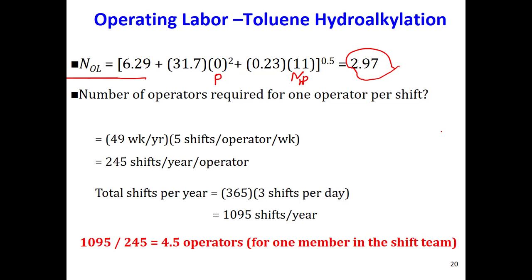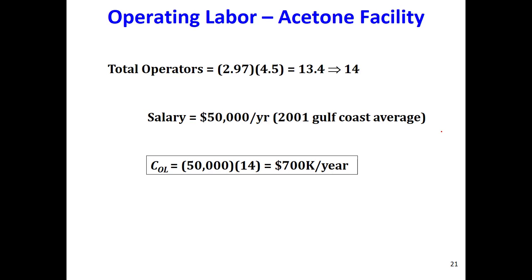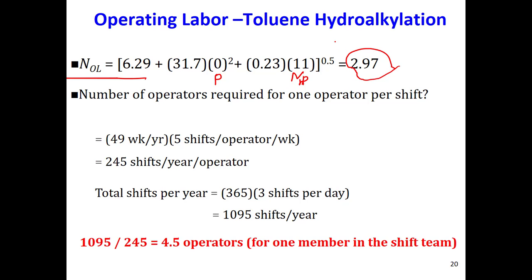Let's say we can round it to something like 3, for example, but let's keep it like that for now. So this is the number of operators that you need per shift. But let's say we consider that for each shift you need 3 operators, right?